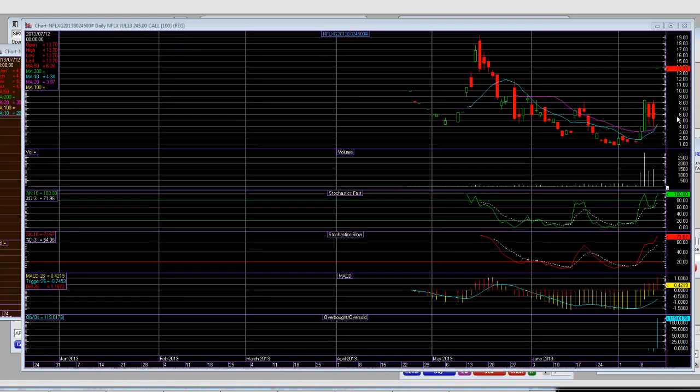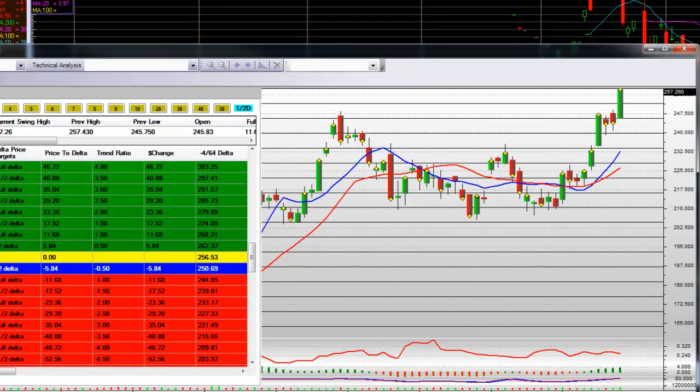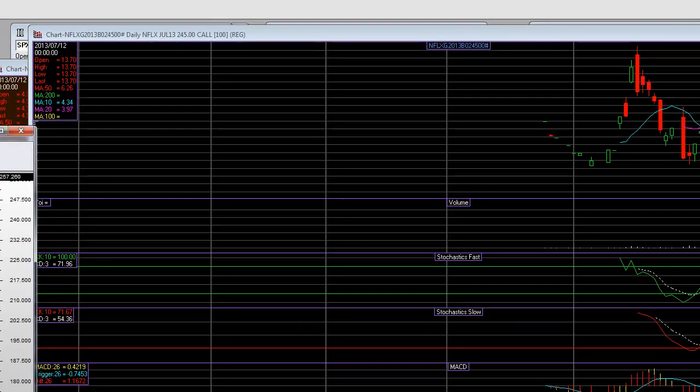for Netflix, July, they were down here at $1, and they also went up to $8 on the high on the daily. So these are getting more in the inflated area, and the call side has made a big move. That's a big move for those calls of the 245 when Netflix broke out on that daily chart last Friday. Bam, went up $10, and it was all weekly options Friday expiration.